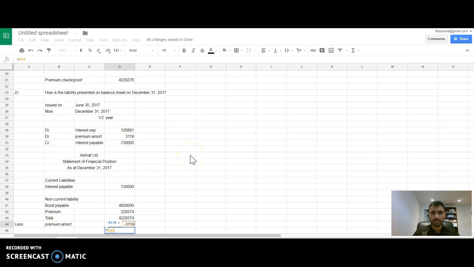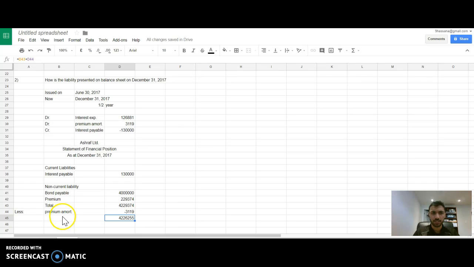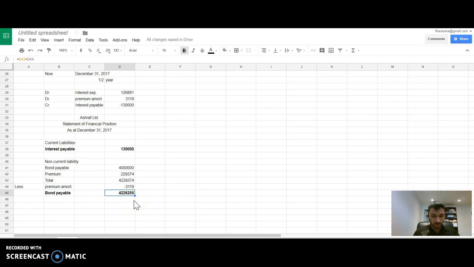You take the difference between the two, which is 4,226,255. So this would be your bond payable, which is what you are recording on your balance sheet. The solution will show this amount, and it'll show the difference between this 229,374 and the amortized portion of the bond premium, which is the summarized version. We've shown all of the math here, and there you go. That's how you'd record that amount on the balance sheet.